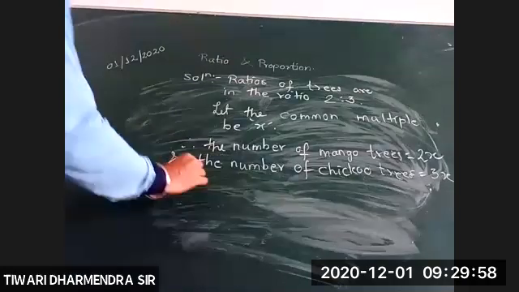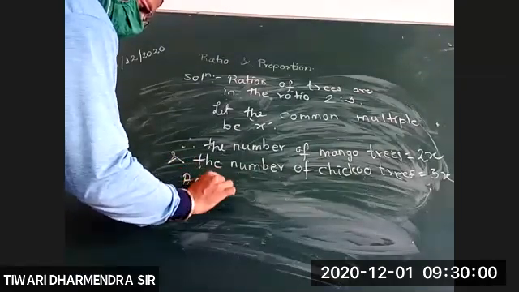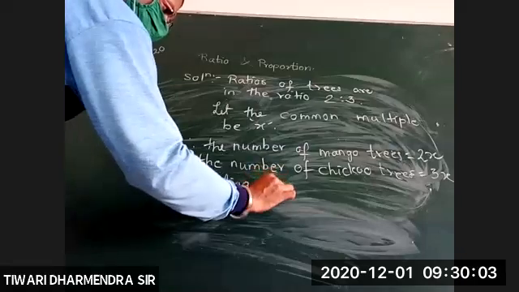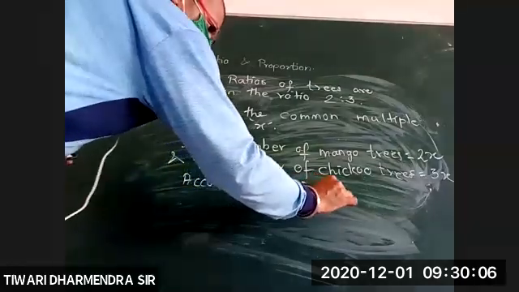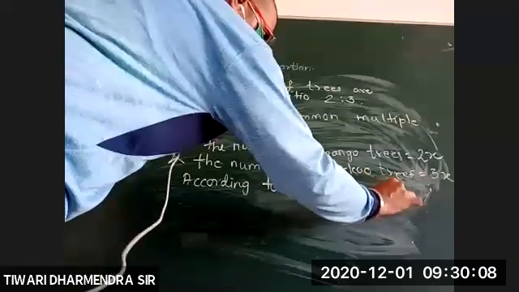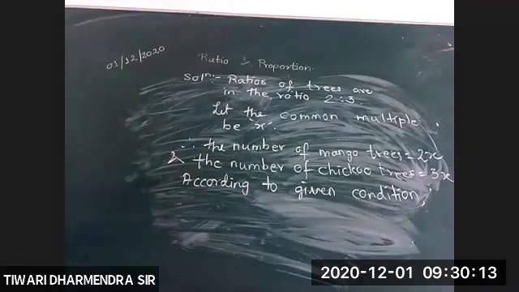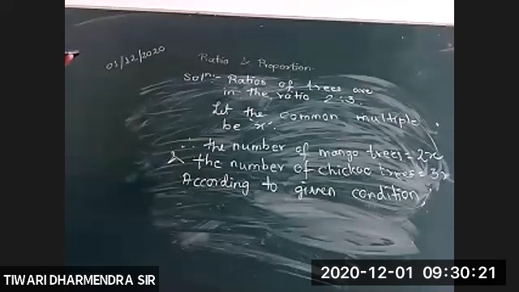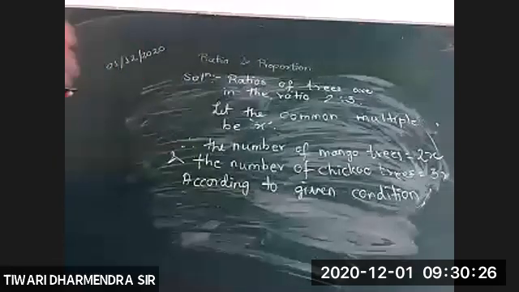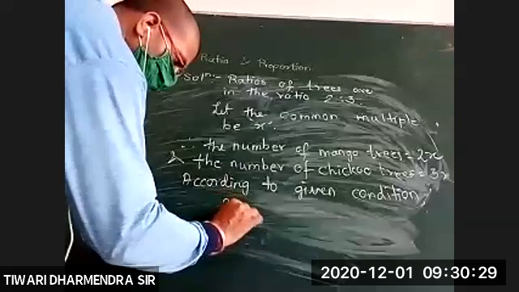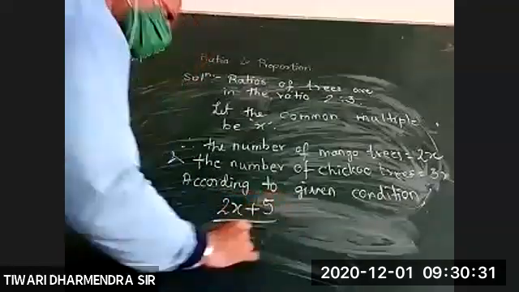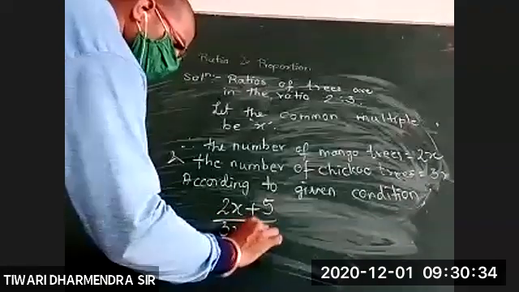According to the given condition, when we add 5 to both, as they are saying, if 5 more trees of each type, it means 5 should be added to both the numbers, that is 2x plus 5 divided by 3x plus 5.